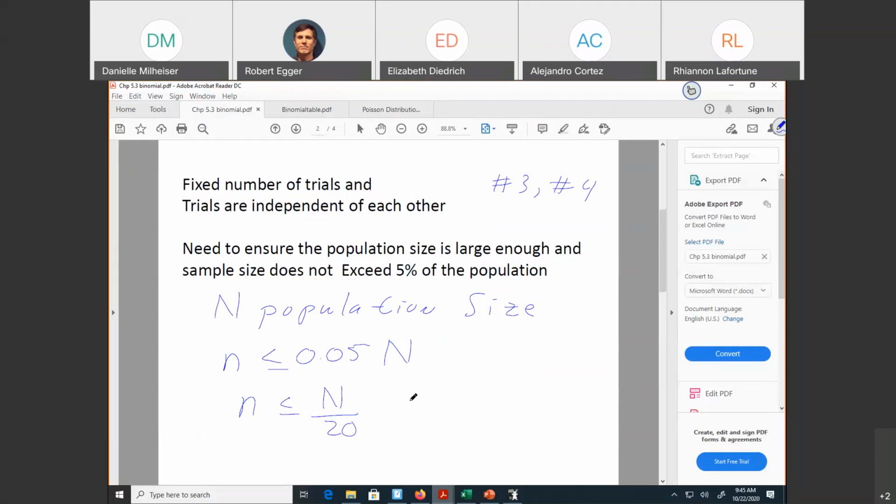So you don't want your sample size for a binomial distribution to be too big. You want your sample size to be no more than 1/20th, or 5%, of the population. So if you're drawing from a population of 100, you want your n to be no bigger than 20.